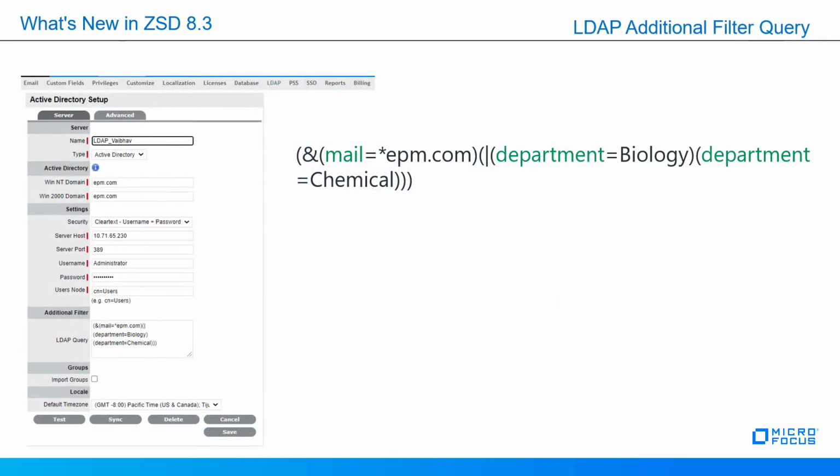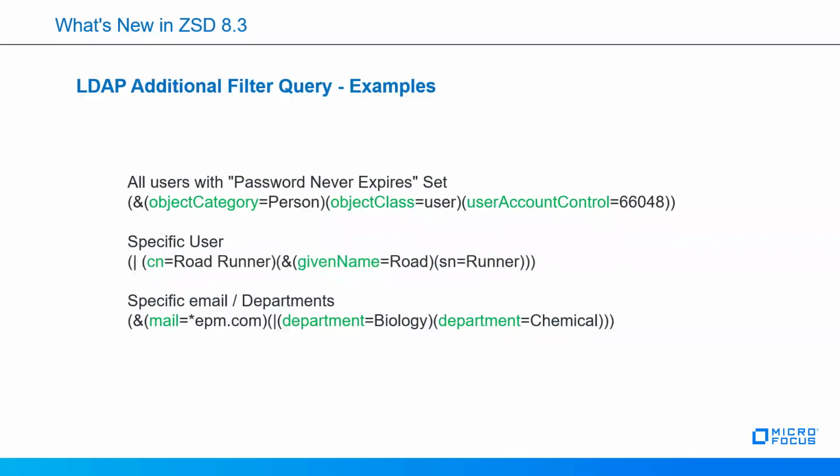In this case, we selected the mail and department attributes and want any email that ends with epm.com and department is biology or chemical to be searched for in the LDAP user sync using the groups in the ZSD LDAP Advanced tab. Here are other examples of queries against the user source using the additional filter LDAP query to refine the LDAP sync.